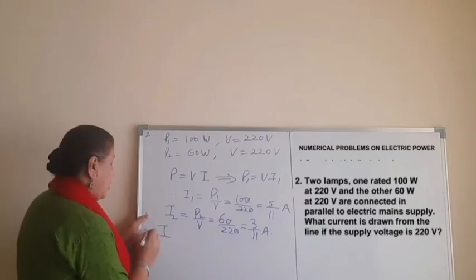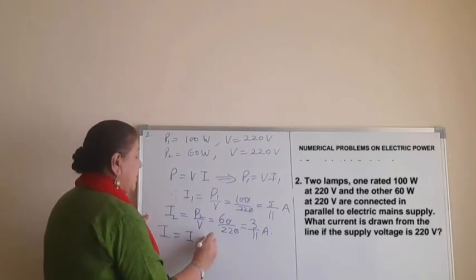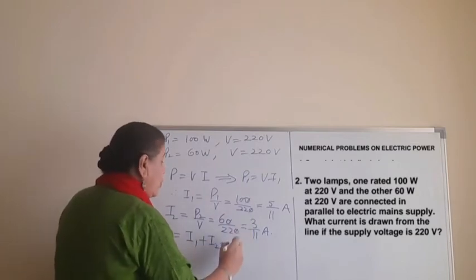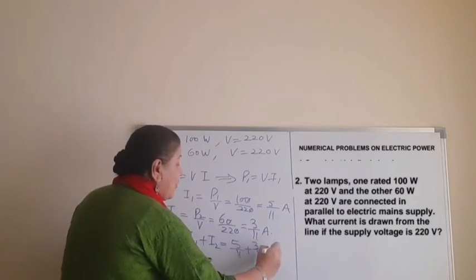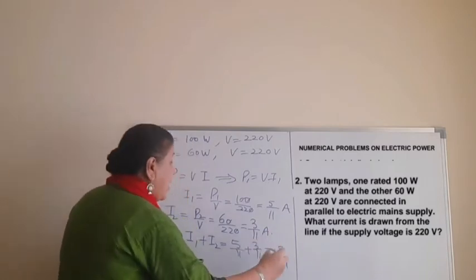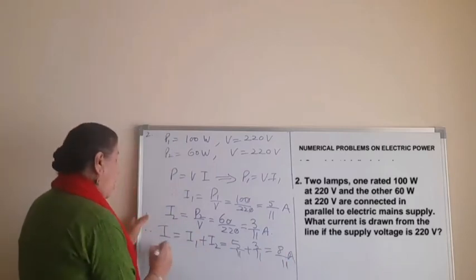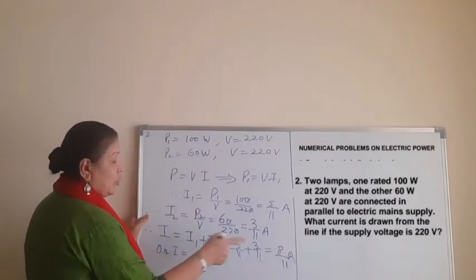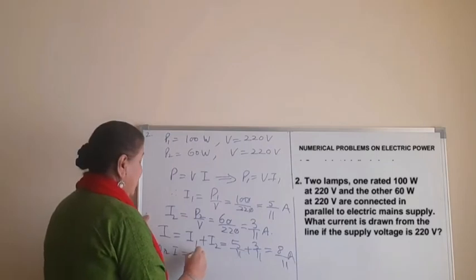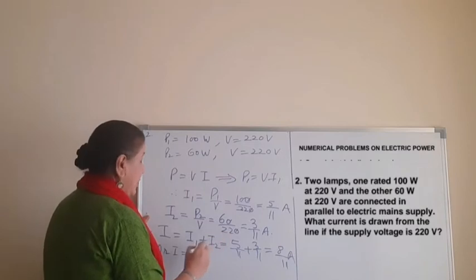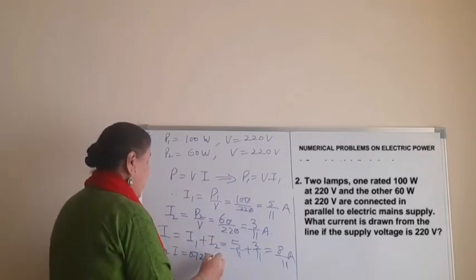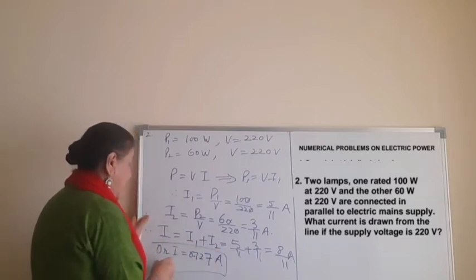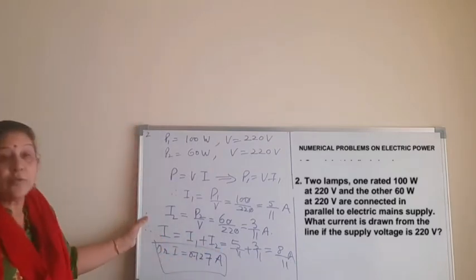So therefore I is equal to I1 plus I2, is equal to 5 by 11 plus 3 by 11, is equal to 5 plus 3, 8 by 11 ampere, which is 0.727 ampere.